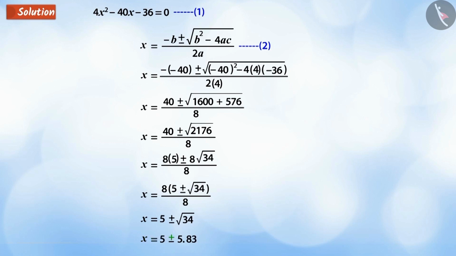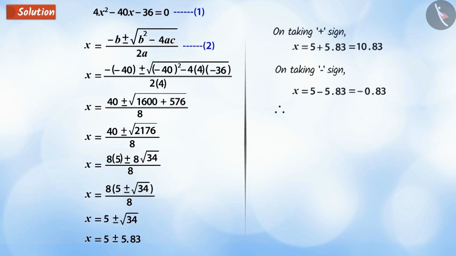On solving, we get x equals 5 plus and minus 5.83. That is, x equals minus 0.83 or x equals 10.83.